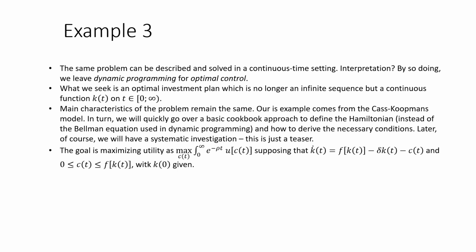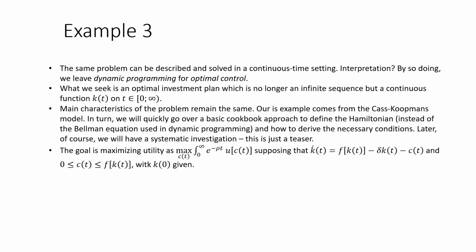What we seek is still an optimal investment plan, which is not an infinite sequence of capital stocks, but a continuous function of time. The main characteristics of the problem remain the same. We will have a look at the solution on the basis of the famous Cass-Koopmans model.